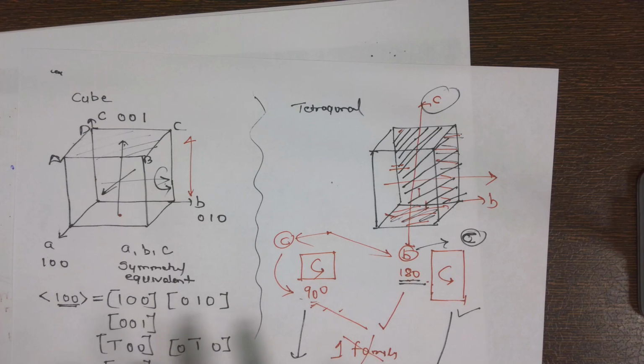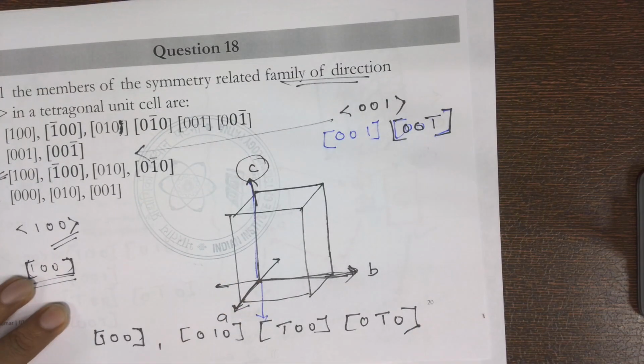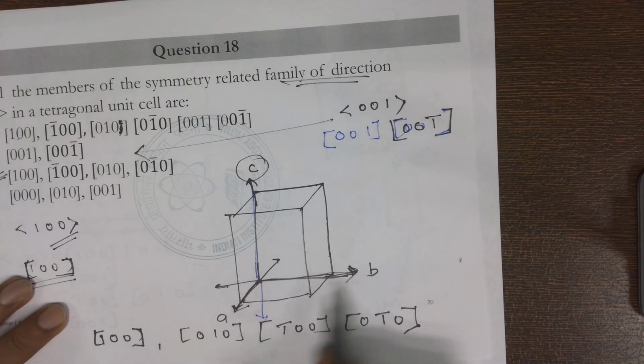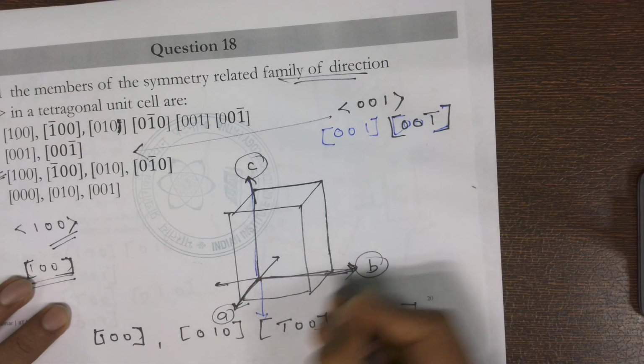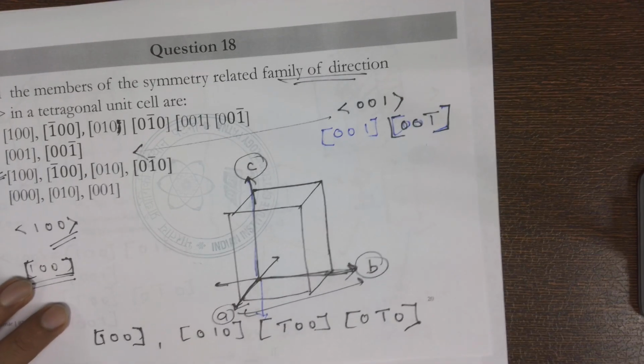Now let's get back to our question. We said that C is different from A and B symmetrically. But A and B are following the same symmetry. They are telling that even though we are 180, we are symmetrically equivalent.